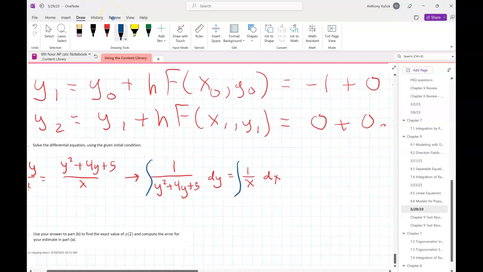So I would just think about this as 1 plus y plus 2 squared when I complete the square in the bottom. Y squared plus 4y plus 4 plus 1, and y squared plus 4y plus 4 is just y plus 2 squared.